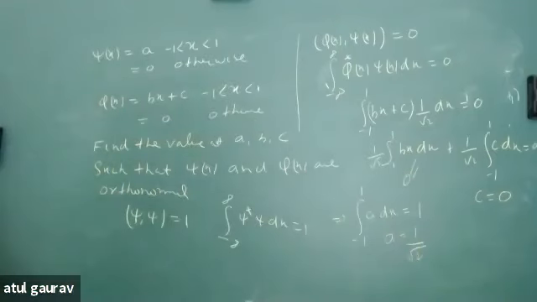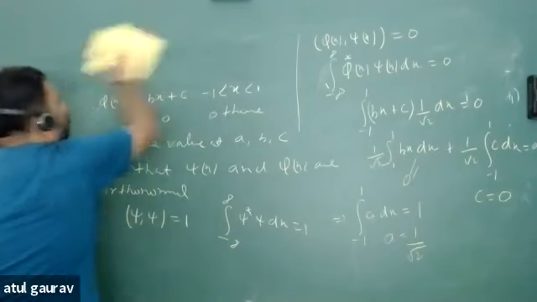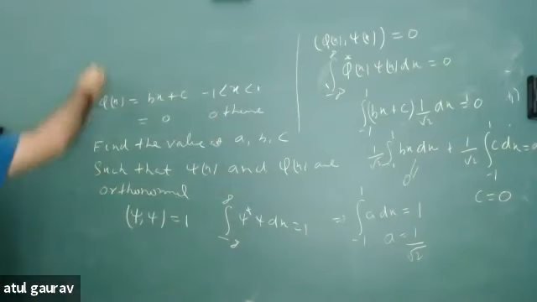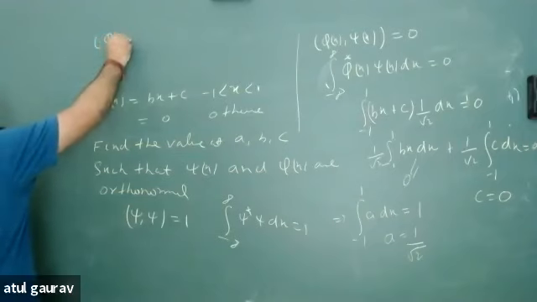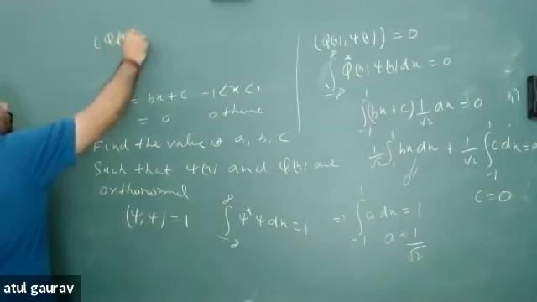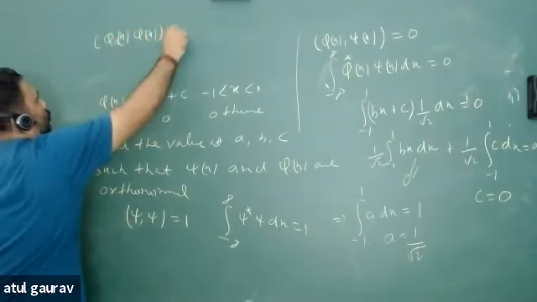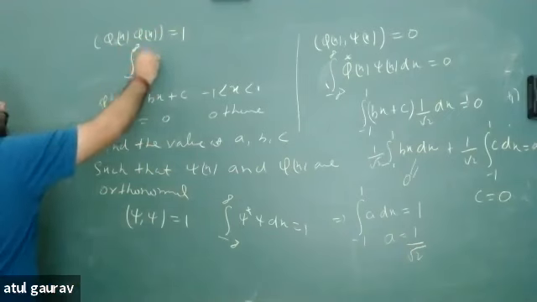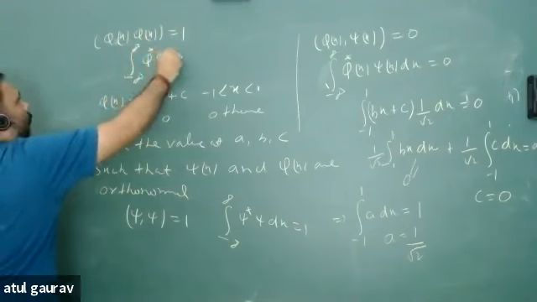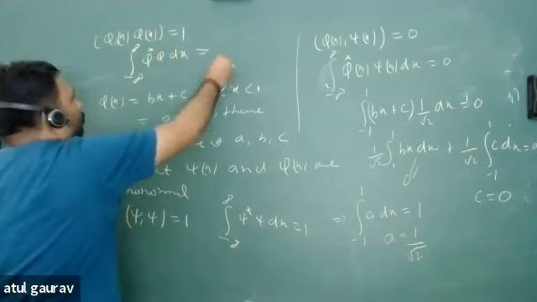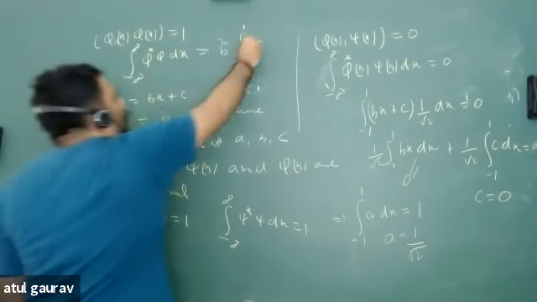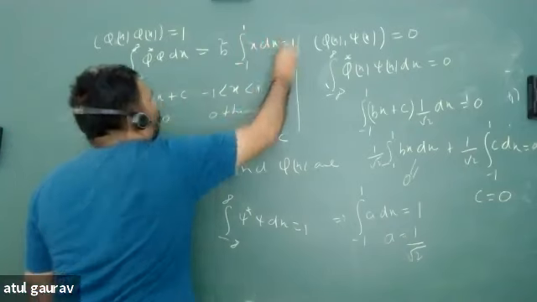Then we can go for the normalization condition of phi x. So when we go for the normalization condition of phi x, the norm of phi x is equal to 1, and you go from minus infinity to plus infinity, phi star phi dx, and that will be mod b squared, or b squared because it is real, times x squared dx is equal to 1.